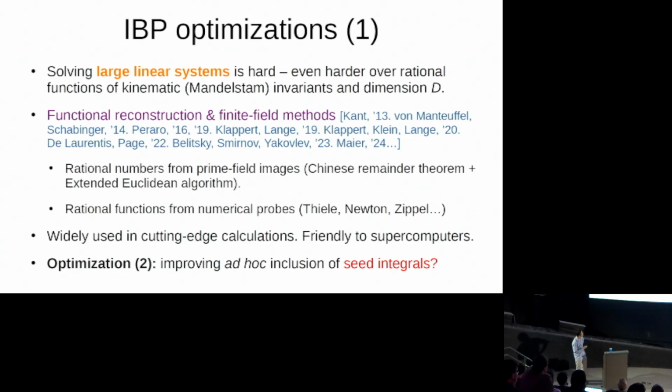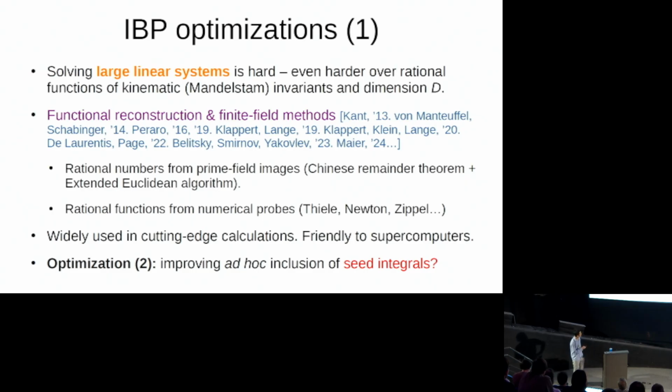So in recent years, this has been widely applied to calculations in collider physics, and now we also applied it to demanding calculations in gravitational wave physics. And the advantage of the approach is that things are trivially parallelizable. You parallelize over different primes and different numerical values of your kinematic invariants and dimension.